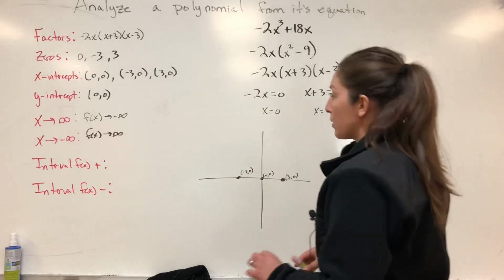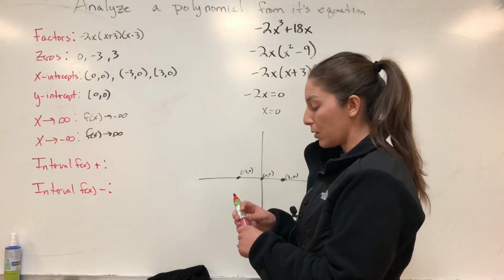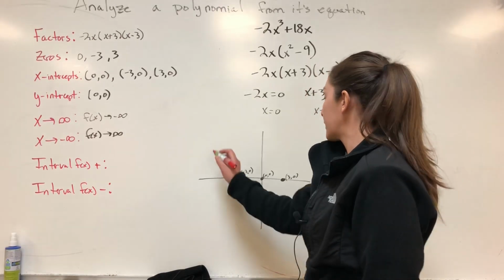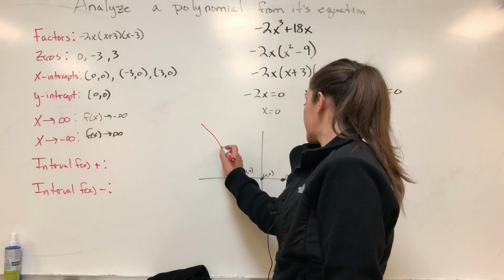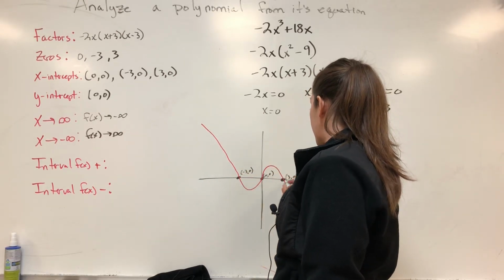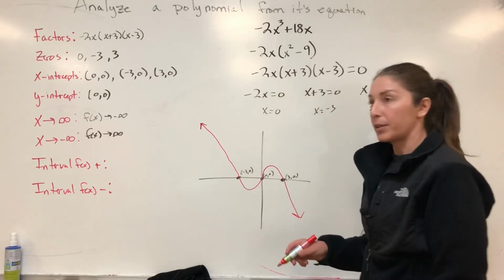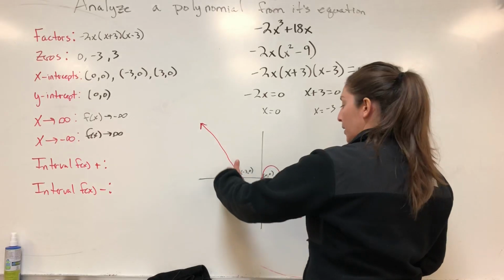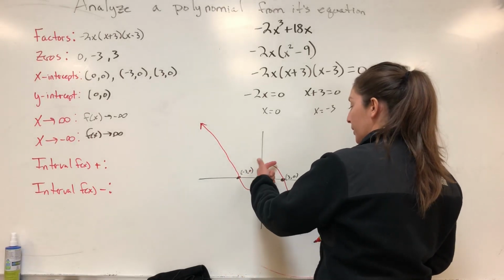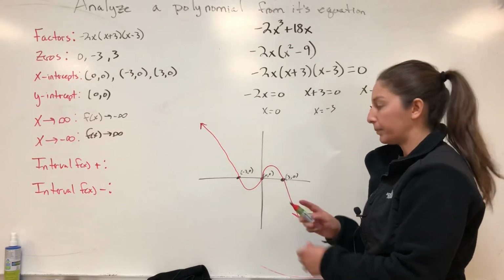I also know that this is a negative cubic, so this thing is coming in here, and it's going to bump down, up, down like this. Polynomials will alternate. What goes down has to come back up, what goes up has to come back down, and then it goes to its final destination.